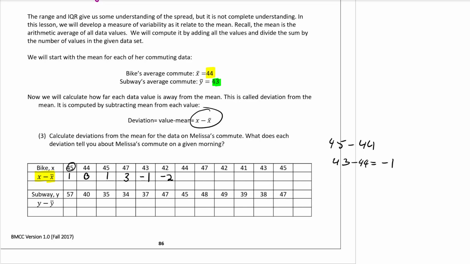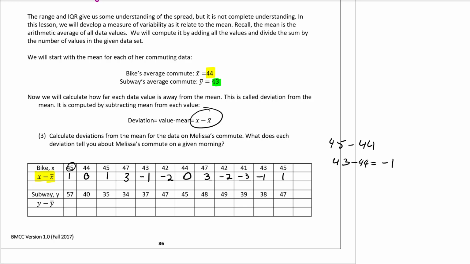Then 2 minutes faster, 0 again, and so on. So we got minus 2, 41, that's -3, 43 minus 1, and 45 plus 1. Okay, so these are the numbers that we got. These are all the deviations.